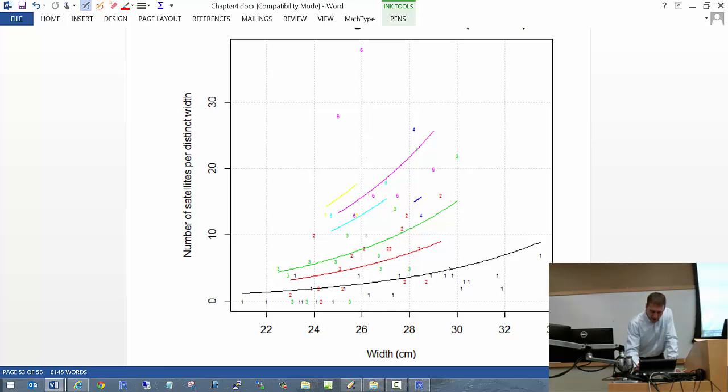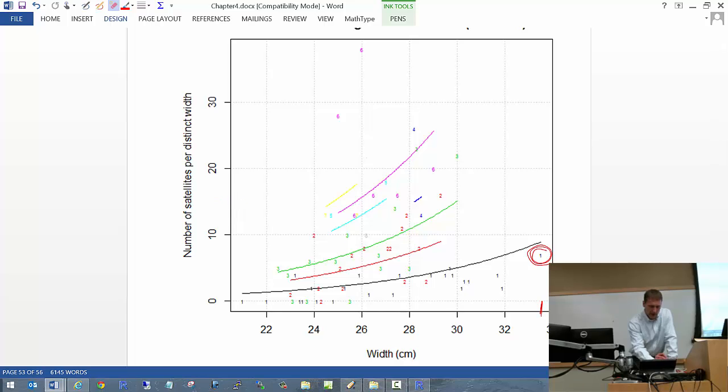So if we take a look at when t is equal to 1, I'm sorry if I didn't say this correctly. There was one female crab that had a width of about 33.5. There were 2 crabs who had a total of about 15 satellites that had a width of 29.25 maybe.